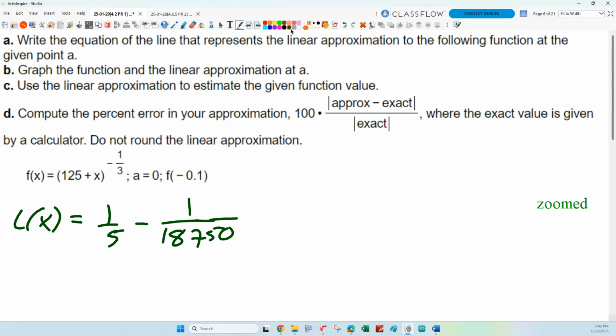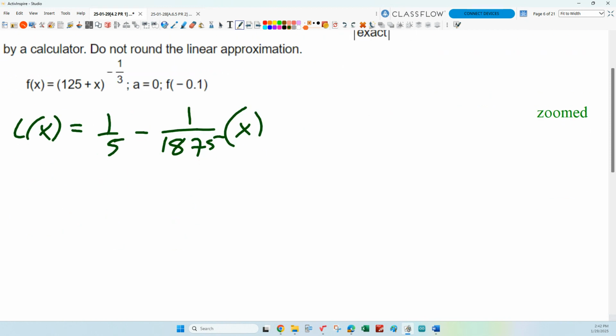The function was that times x, right? Okay. So then L of negative 0.1, actually that was a plus, I think, right? Yeah. So L of negative 0.1 was 1/5 plus that fraction times negative 1/10.